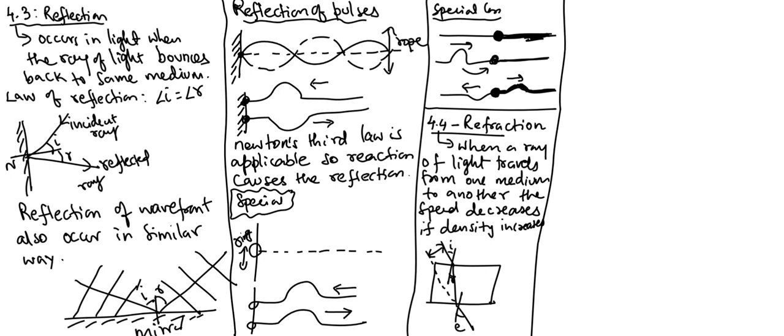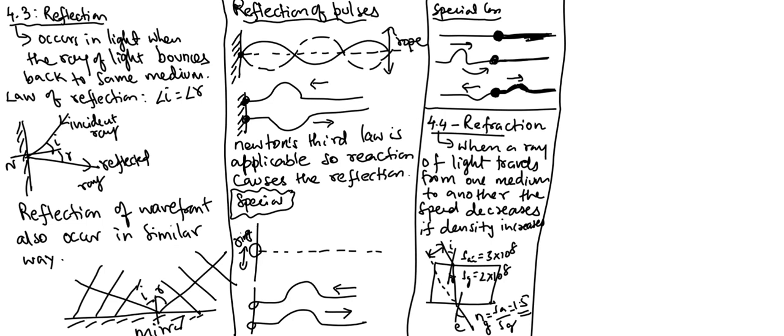And speed of light here in air is approximately 3 into 10 power 8, and inside the glass the speed of light is 2 into 10 power 8. And then if you remember, you found the refractive index by speed of light in air by speed of light in glass. All those things we did, and then we used to get the answer to be 1.5. Okay, now in this case we are talking about the refraction of a wavefront.